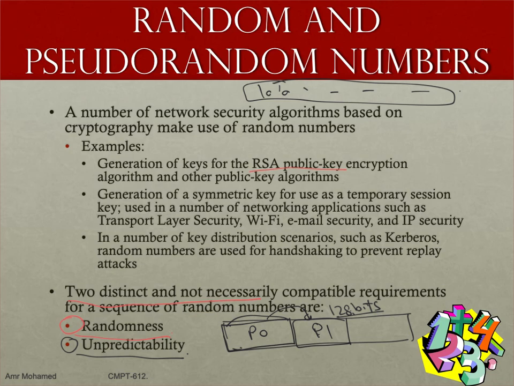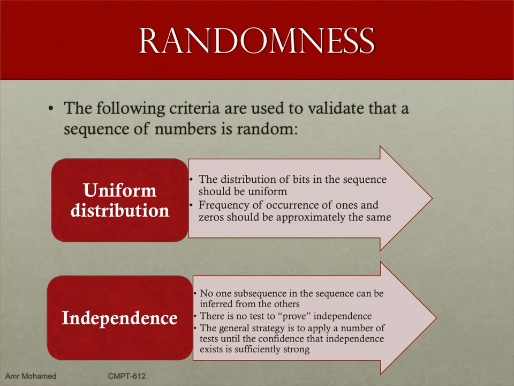But in both cases, these two features need to be fulfilled: the true randomness and the unpredictability. So the randomness means that you have a uniform distribution of being in any state.